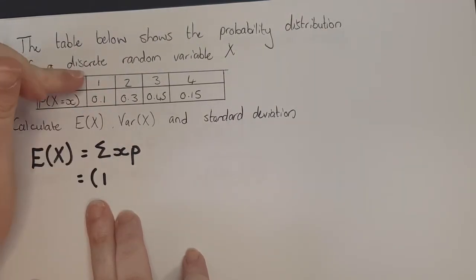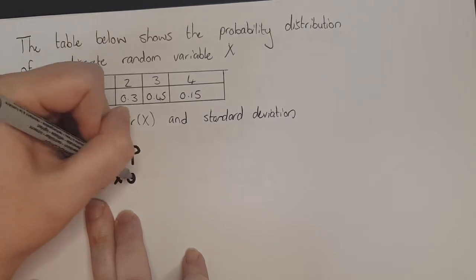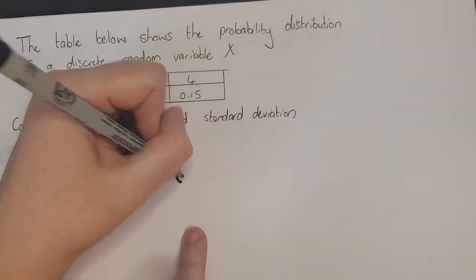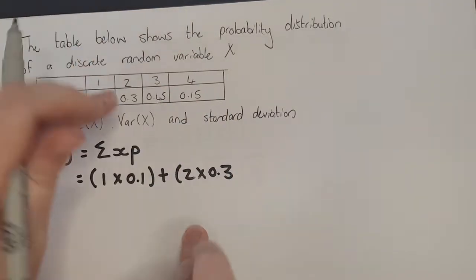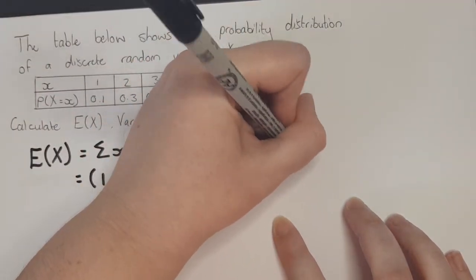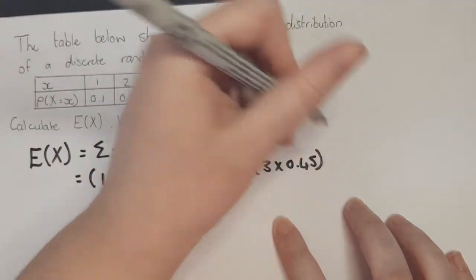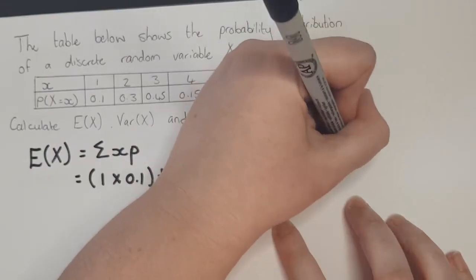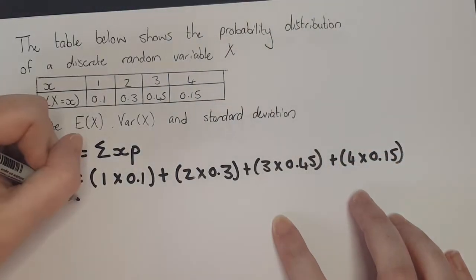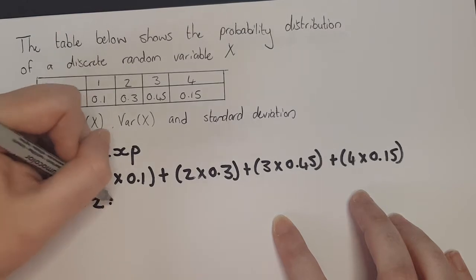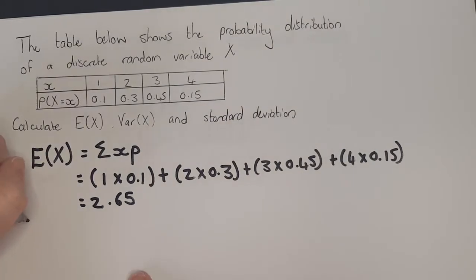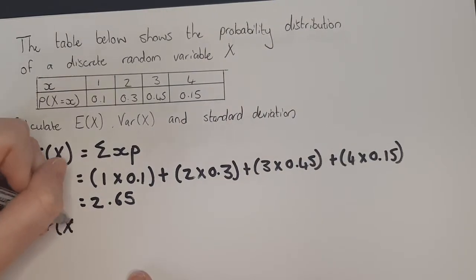So the first one is 1 times 0.1, plus 2 times 0.3, plus 3 times 0.45, plus 4 times 0.15. If I type that into my calculator, I should get an answer of 2.65.